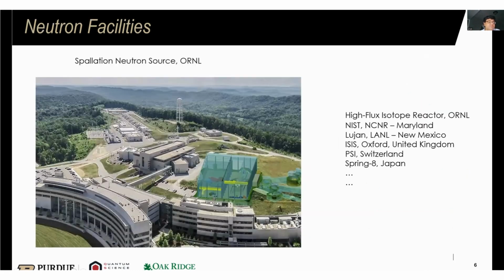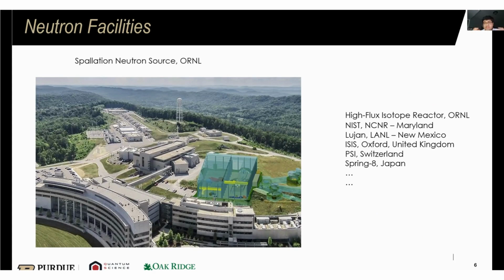And there are huge facilities in which we do these measurements, such as the High Flux Isotope Reactor at Oak Ridge National Laboratory. There is one in the United Kingdom, the Rutherford Appleton Lab, and then we have the Paul Scherrer Institute and SPring-8 in Japan.